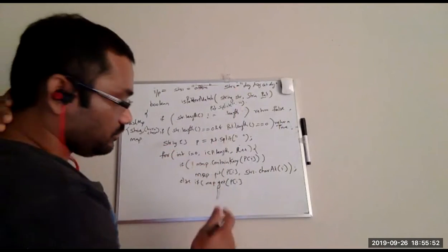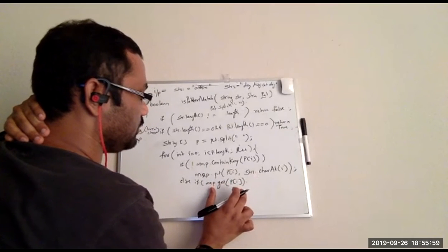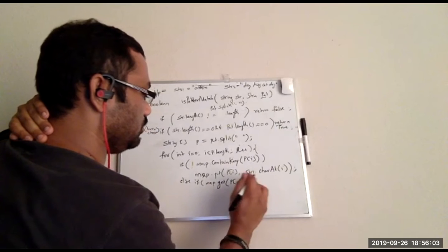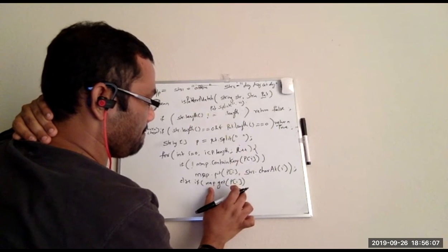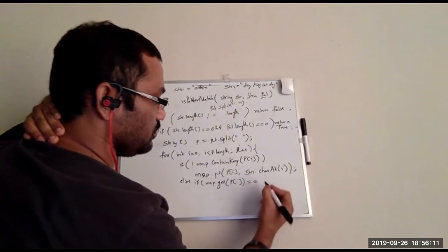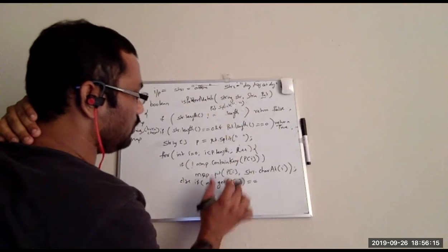Map dot get of p of i, that is equal to the character corresponding to the dog.